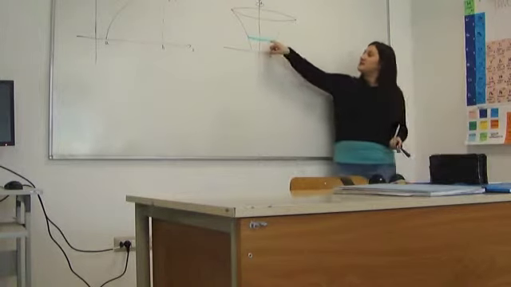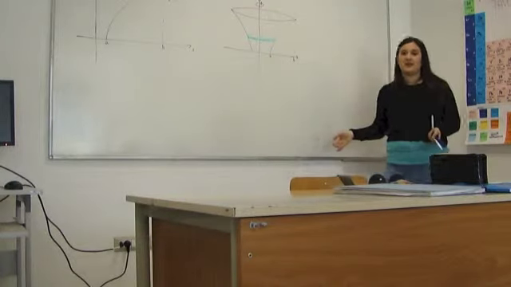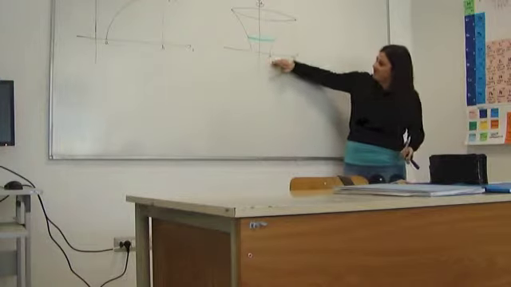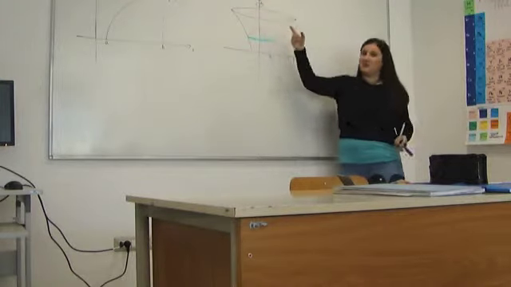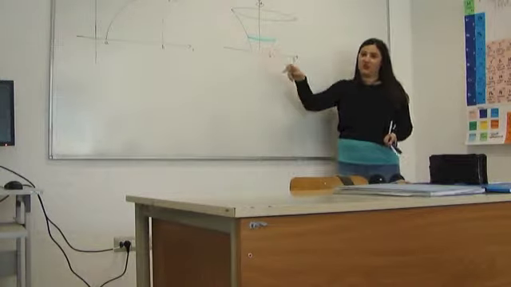So we take all of those little disks, we sum them up in the limit from here to here, which we're going to see what they are, and we find the volume of the entire solid.